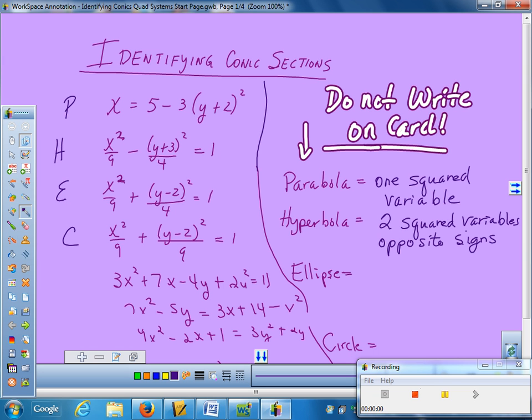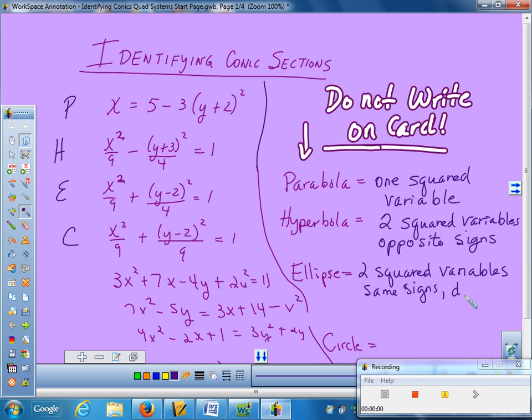Notice, though, they're both squared variables. They're both positive here. You don't have one positive and one negative. They're both positives. So, on an ellipse, you'll have two squared variables. They'll have the same signs, meaning both positive. You could have them both negative, but it would be weird.